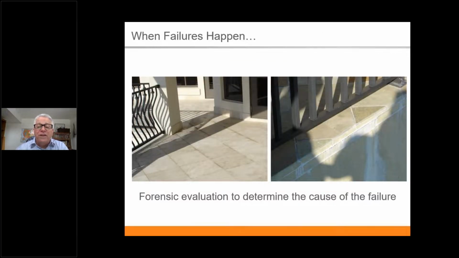So what if a failure does happen? Well, you really should have a very objective party show up and do a good evaluation, do a forensic study, and find out exactly what went wrong. Not to place blame, but to keep it from happening again. You know, it's funny when you look at, well, it's not funny at all.